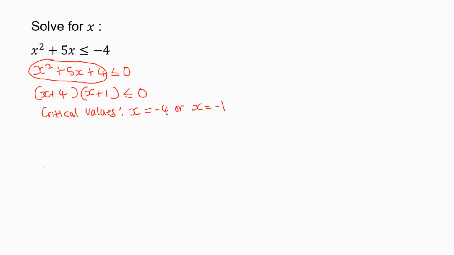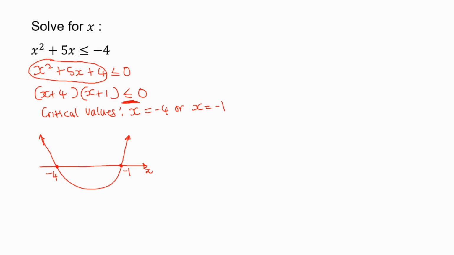So you can draw your graph like this, which is concave up, and this is where the graph cuts the x-axis. This is your x-axis. And here is negative 4, where the graph is equal to 0. Here it is negative 1, the graph is equal to 0. You see that? So we want where the graph is below 0.